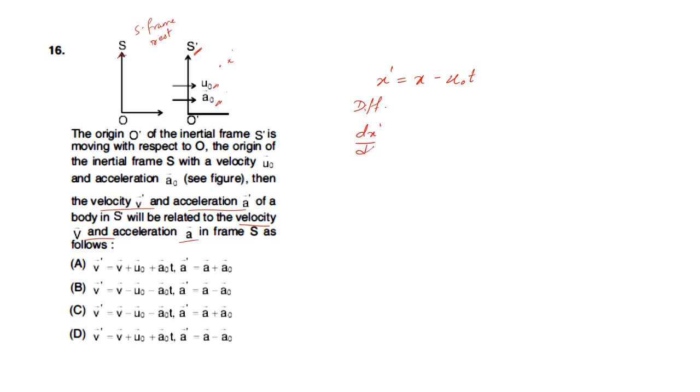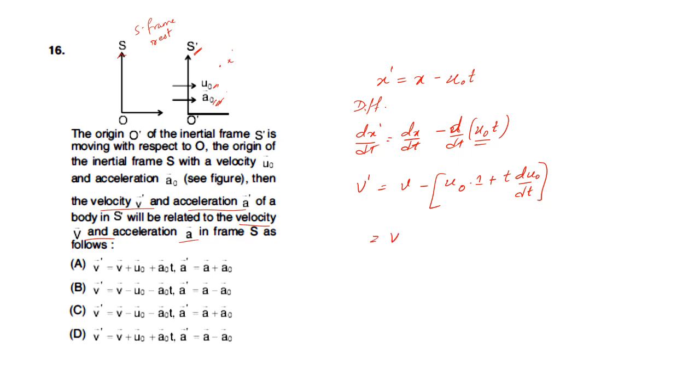Now differentiate this equation. dx prime upon dt equal to dx upon dt minus d by dt of u naught t. Here u naught is also varying with time because a naught is already given. So v prime is equal to v minus the differentiation of u naught t, that is u naught into d by dt of t which is 1, plus t into d u naught by dt.